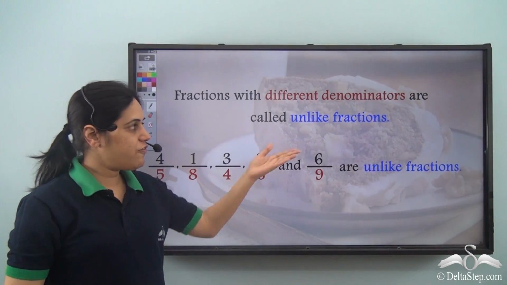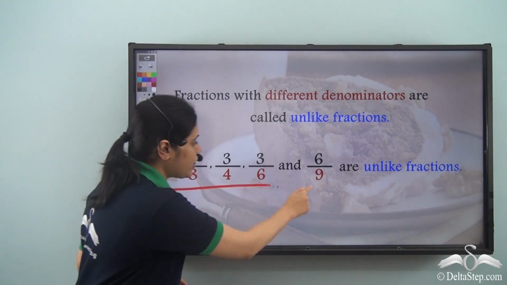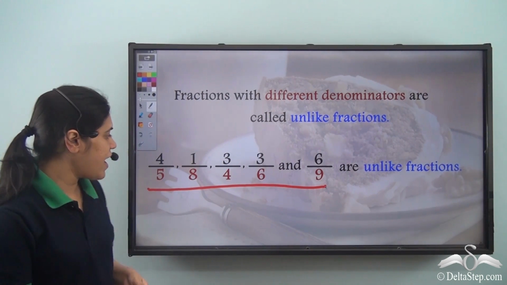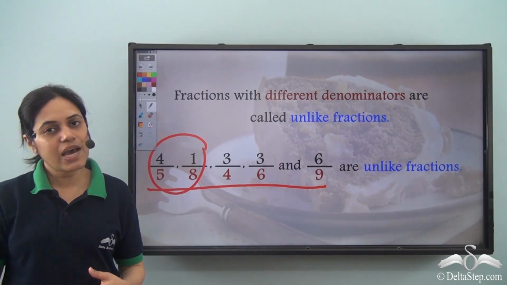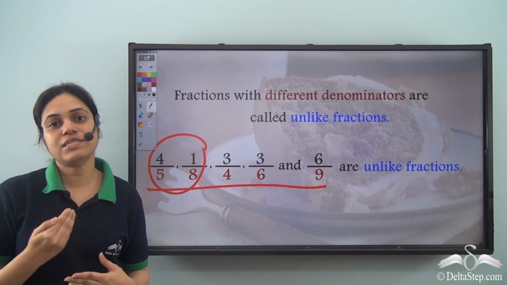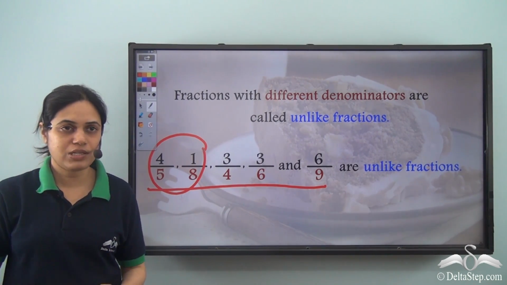So fractions with different denominators are called unlike fractions. If we look at these fractions, they have different denominators. In fact, if I take any 2 out of these fractions, they are unlike fractions. So 2 or more fractions are said to be unlike if they have different denominators.